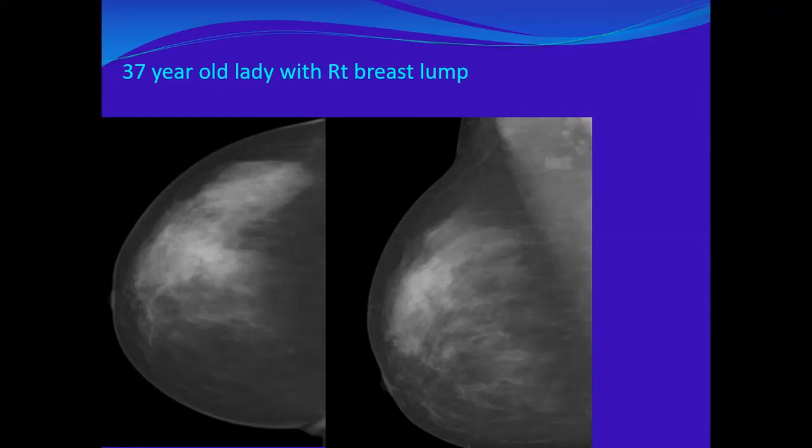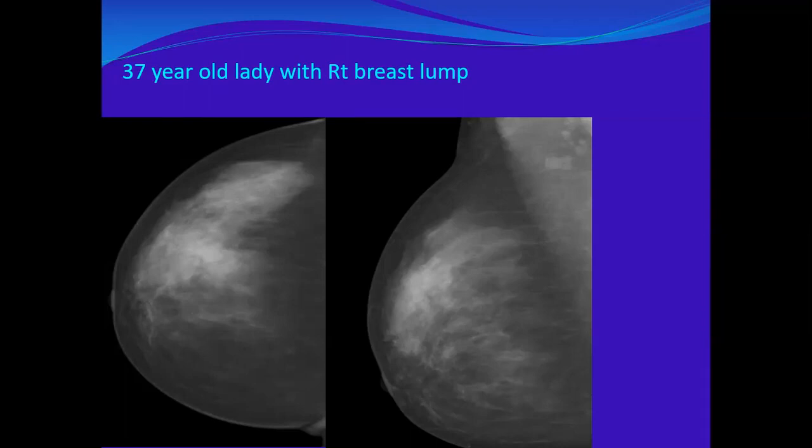Axillary lymph nodes are one of the associated features. Since you said no associated features, and then again you said there is associated adenopathy, there is a contradiction here. But lymph nodes are considered one of the associated features.